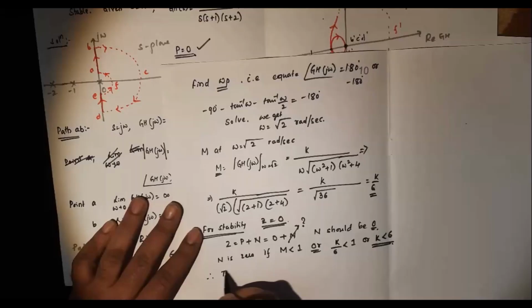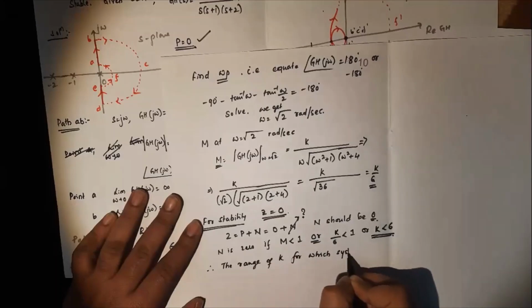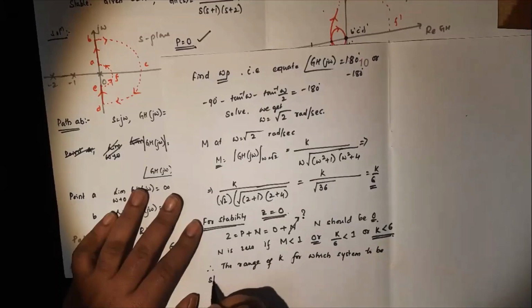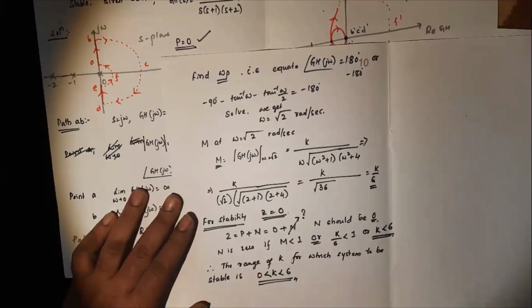Therefore, the range of k for which the system is stable is k should be greater than 0, that is positive, and it should be less than 6, so that no encirclement will occur and Z will remain equal to 0.